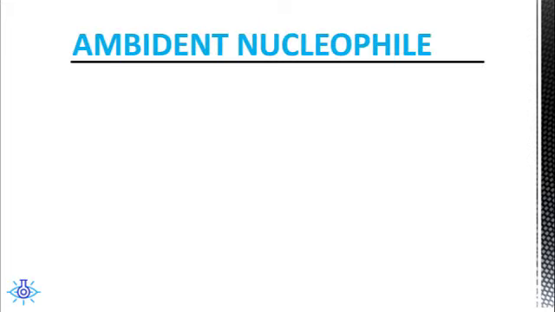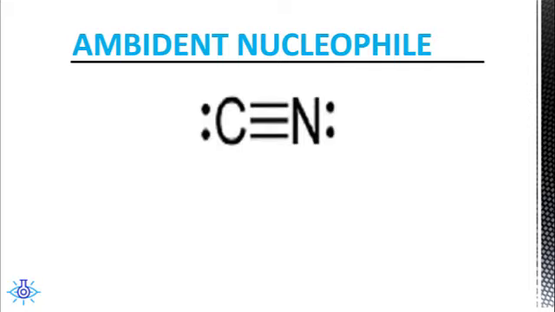Next is the ambident nucleophile. In the examples cited earlier, there was only one atom with a lone pair of electrons. But look at this compound. This is cyanide, written in the expanded form as C triple bond N. C is carbon and N is nitrogen.